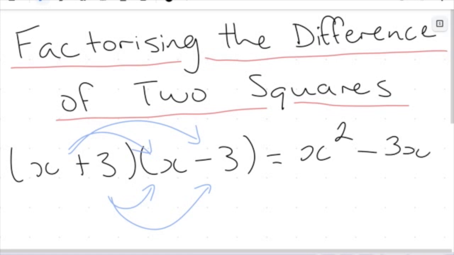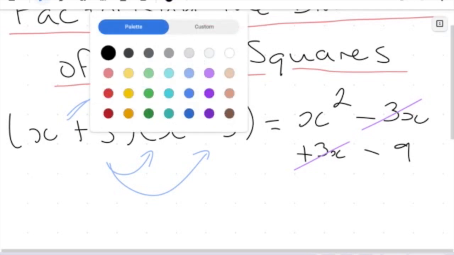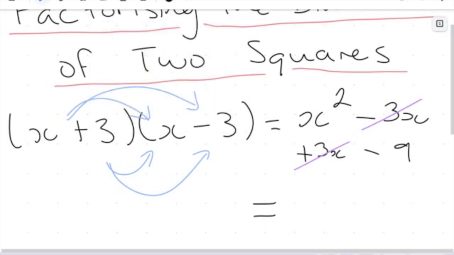X times 3 gives me positive 3x. And 3 times minus 3 gives me negative 9. And as you may remember from the previous example, this and this are going to cancel out because minus 3x plus 3x just gives me 0. So my answer, I'm going to wind up with x squared minus 9.